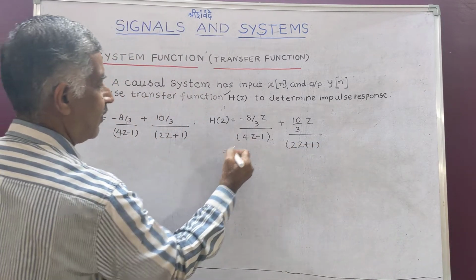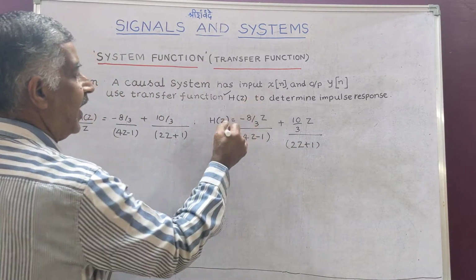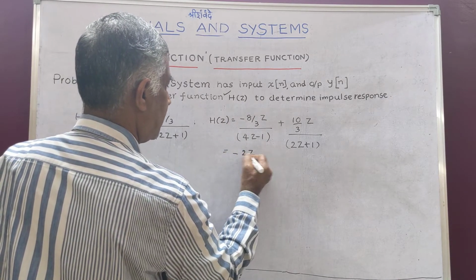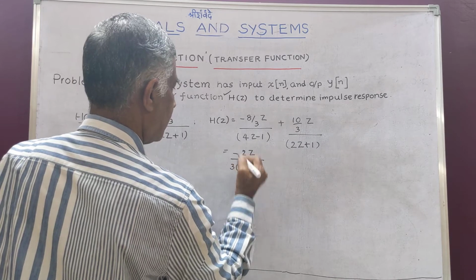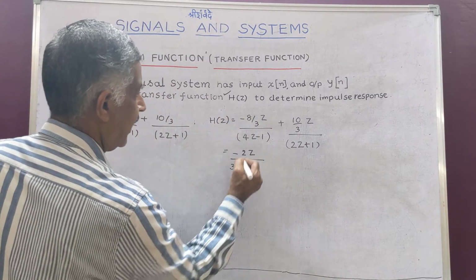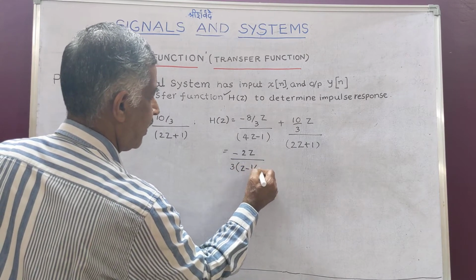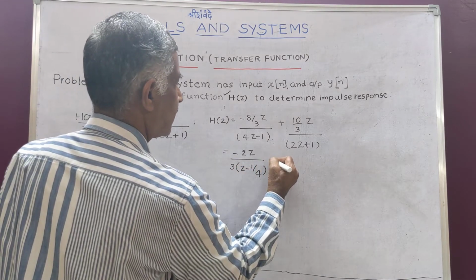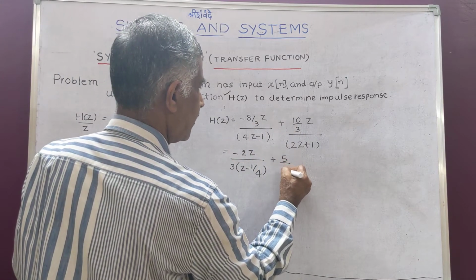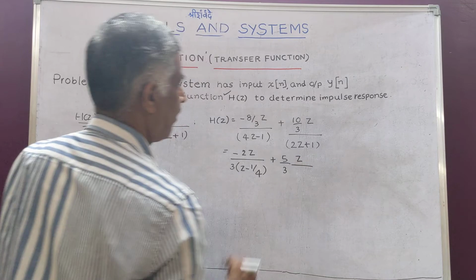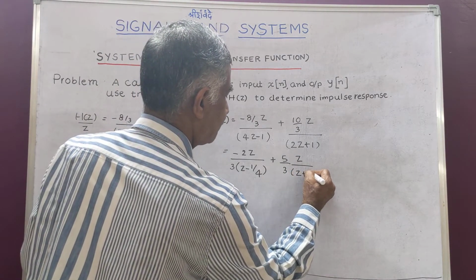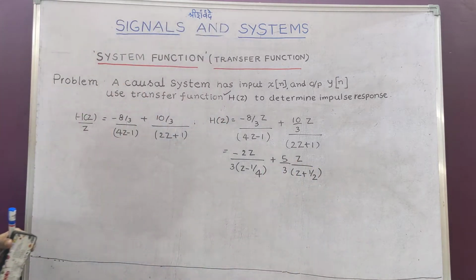Take 4 outside, which cancels with 8, giving −2z/3 × 1/(z − 1/4), plus, taking 2 outside, 5/3 × z/(z + 1/2).